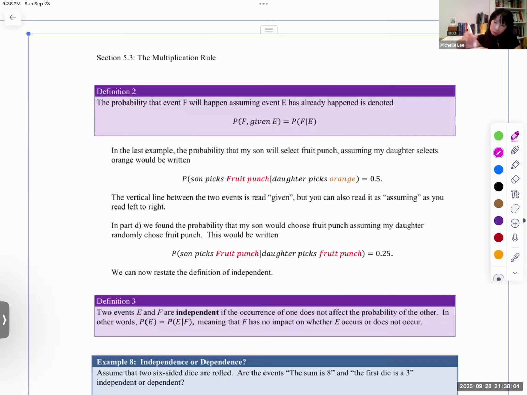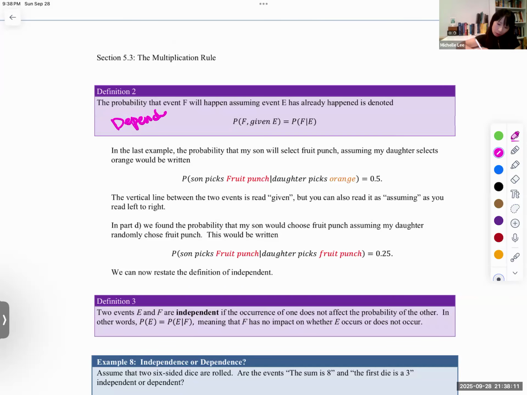Then we are using the probability of event F given E. This is the same as what we did earlier.